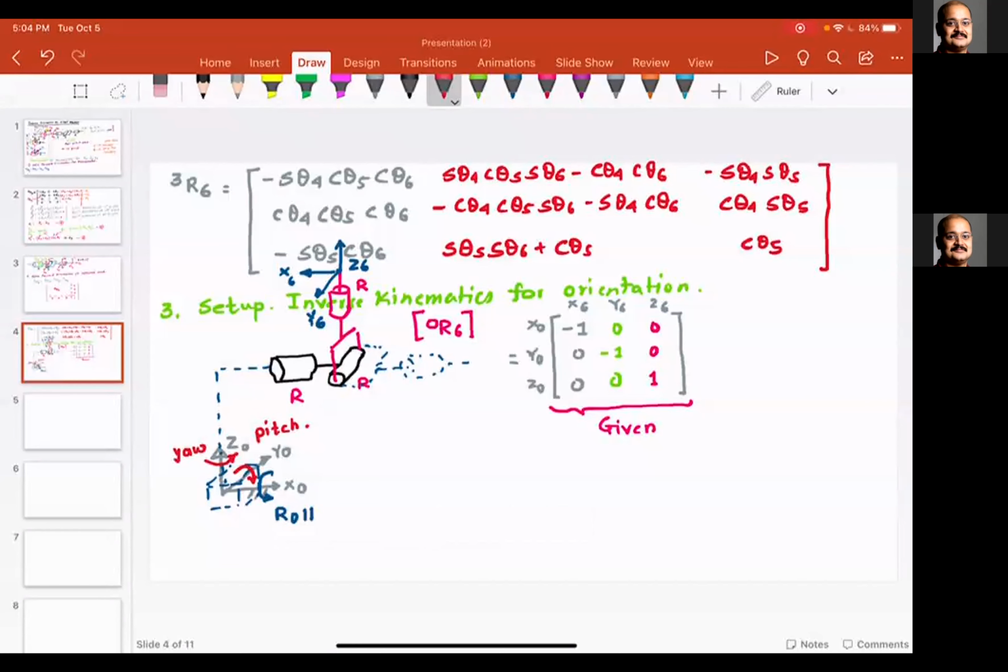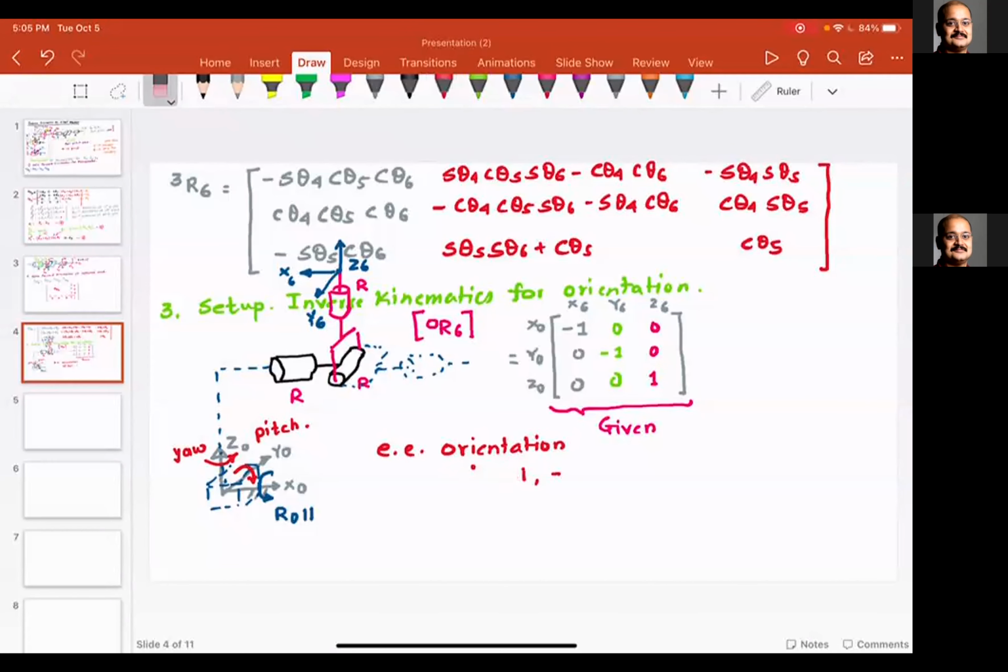So if I were to give you roll, pitch, and yaw orientation, this problem would state something like this: the end effector orientation is a -90-degree roll, then the pitch orientation of say minus 90 degrees.